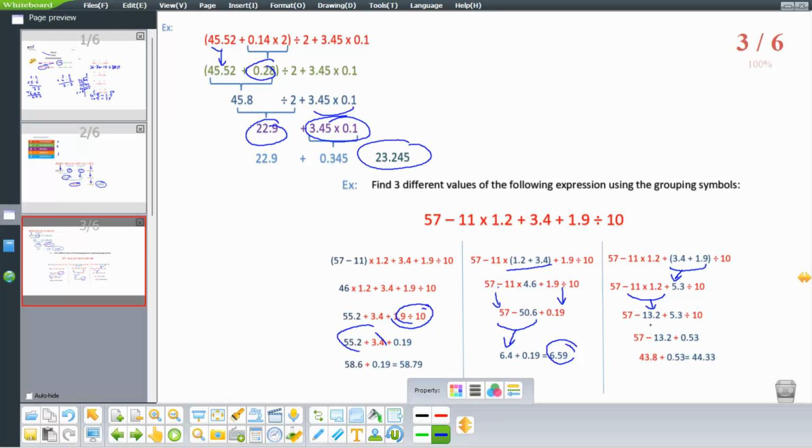It will be 13.2, and 5.3 divided by 10 will be 0.53. So it will be 57 minus 13.2 plus 0.53. So we are going to subtract this. It will be 43.8 plus 0.53. It will be 44.33. And you can choose any way.